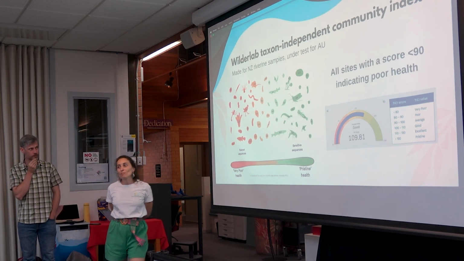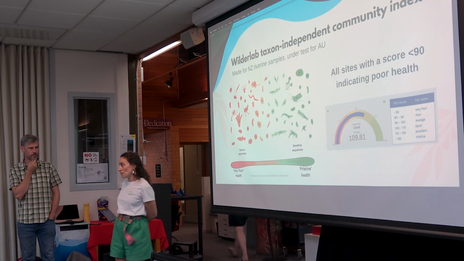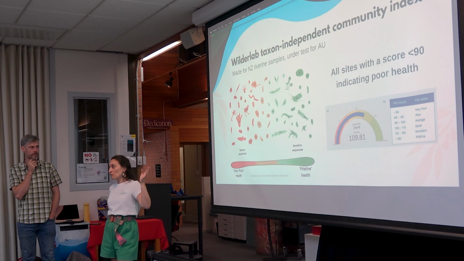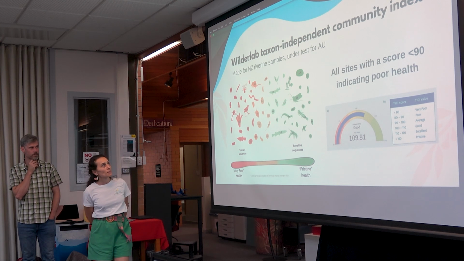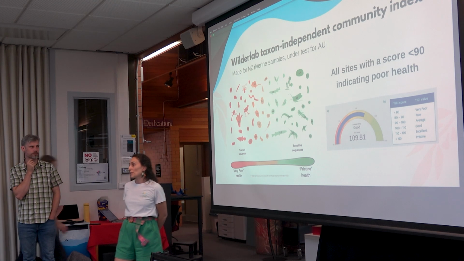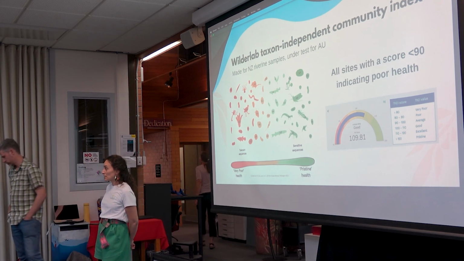So there are several ways to look at indicators of the health of the creek. One that WildLab is providing is a Taxon Independent Community Index. That's an index they created themselves using the data from eDNA surveys.